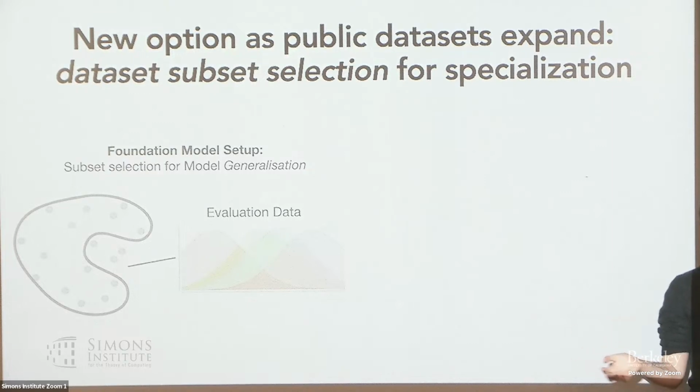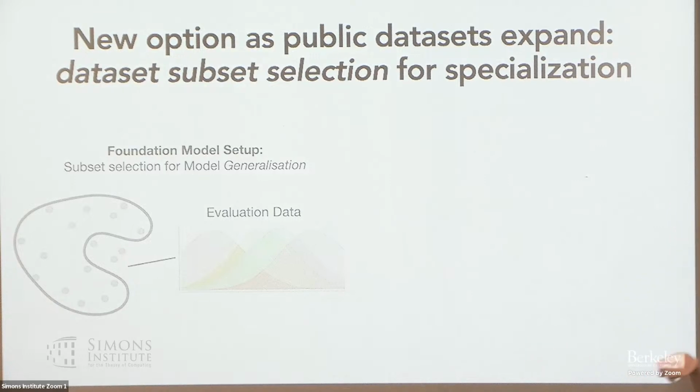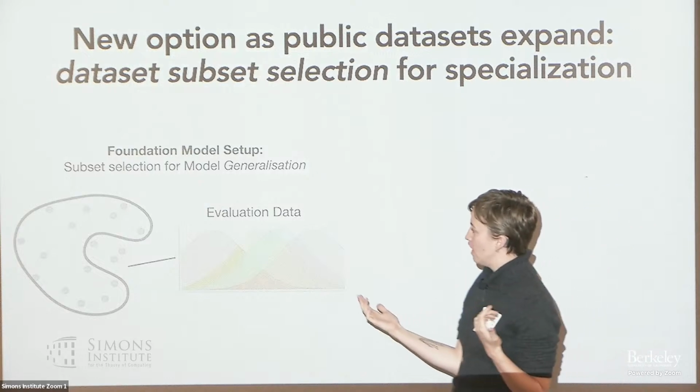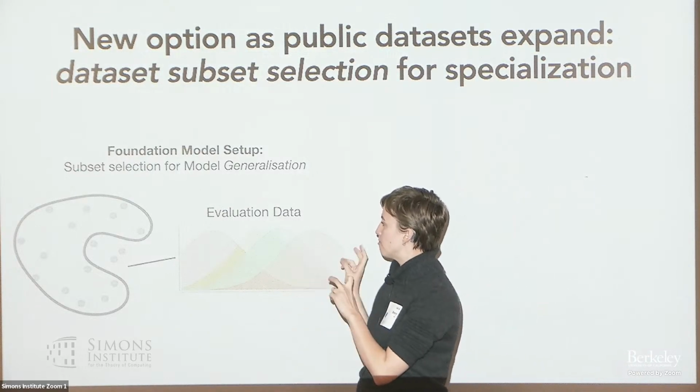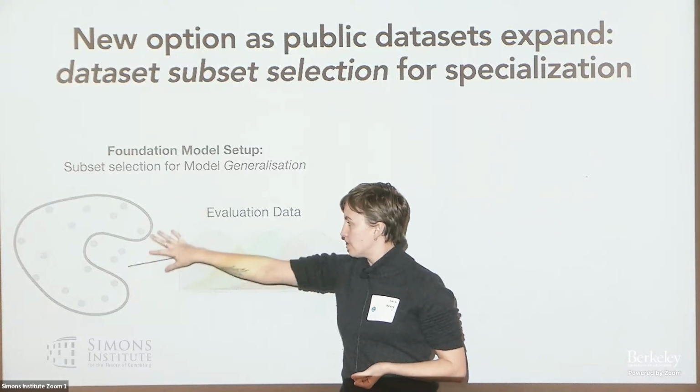But one of the things I've been increasingly interested in, in this era of large-scale public datasets that are somewhat more general, is whether we can instead do dataset subset selection as a mechanism for specialization, potentially also without requiring labeled data from a given deployment. Often when we're talking about multi-deployment or multitask settings, we have some large-scale subset of data.